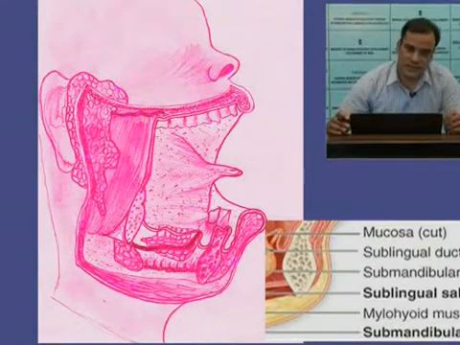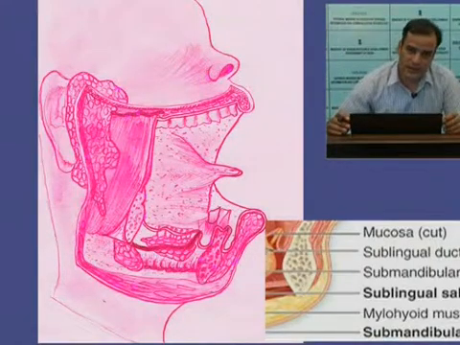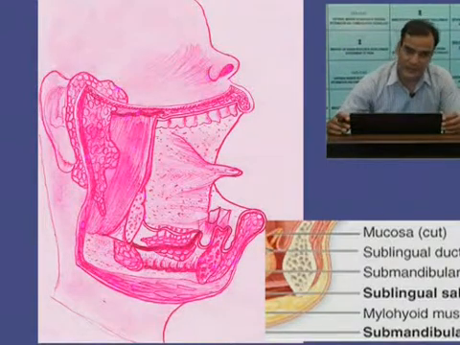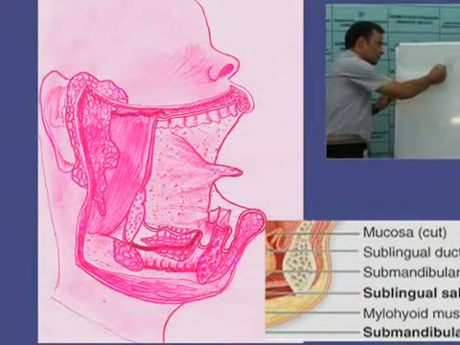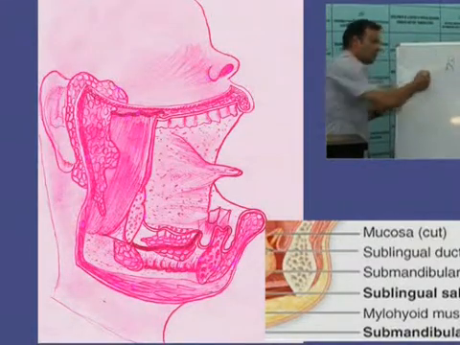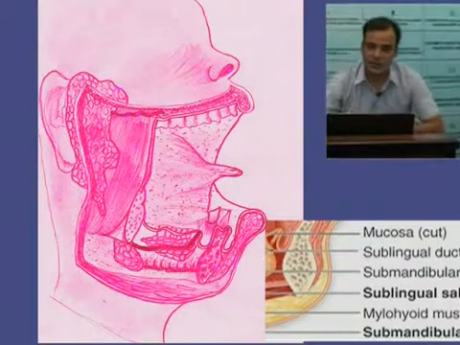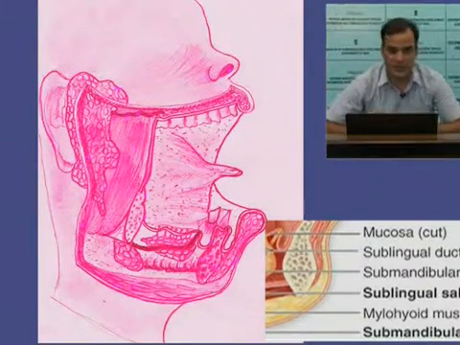This is the largest of the salivary glands, and this gland has a duct, and this duct opens into the cheek opposite the upper second molar.